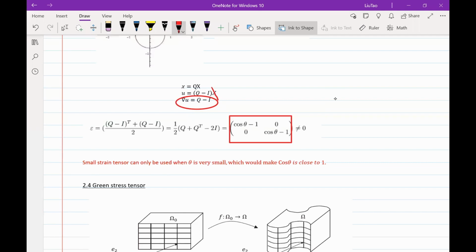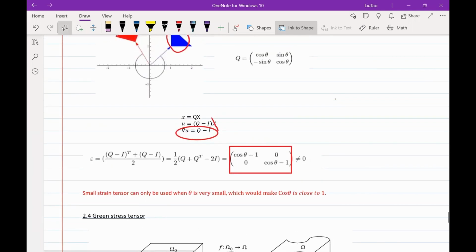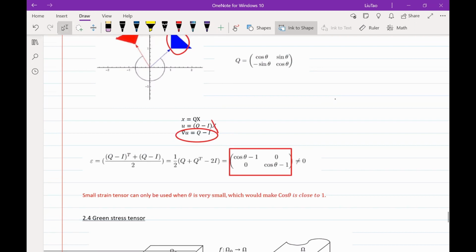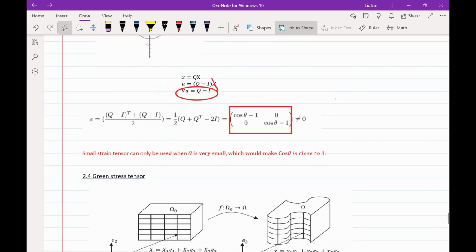So epsilon 1,1 is equal to cosine theta minus 1, and epsilon 2,2 is equal to cosine theta minus 1. This is not equal to 0. But since we are doing a pure rotation, the geometry is not stretched or compressed. So the strain should be 0.